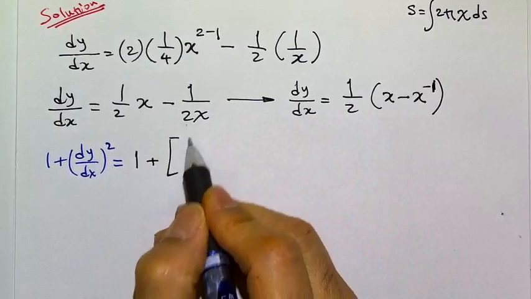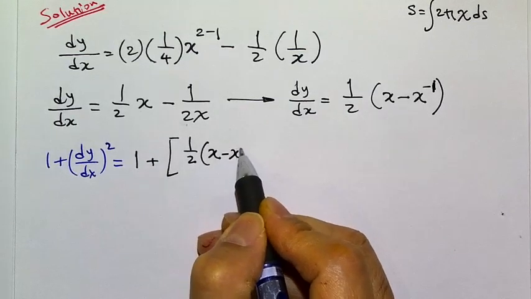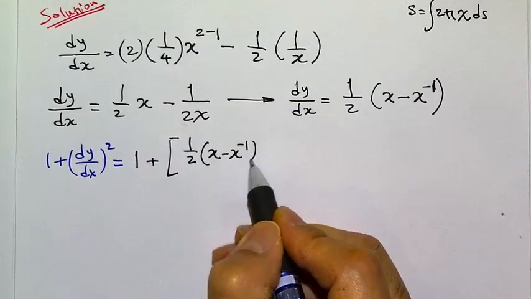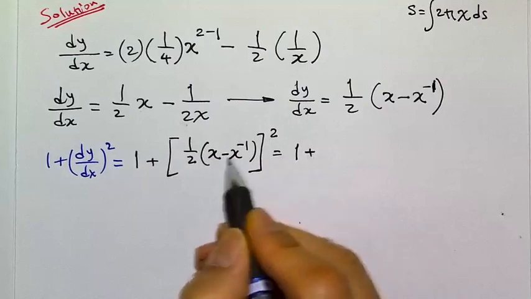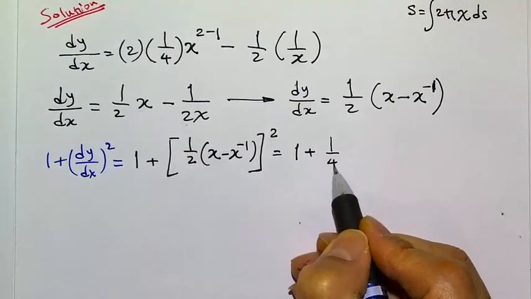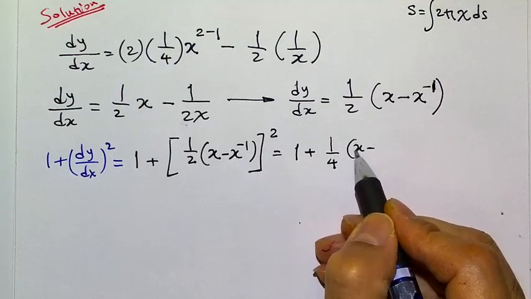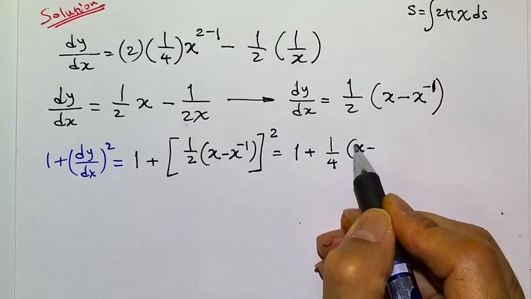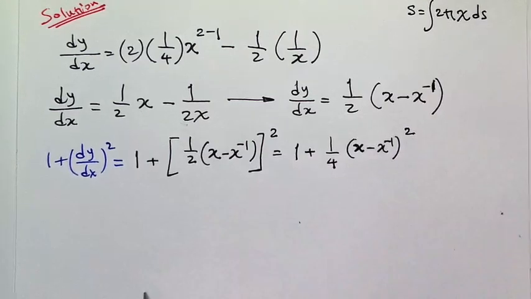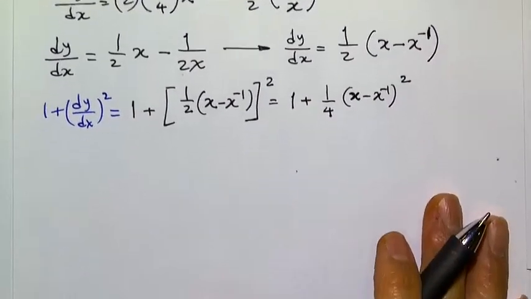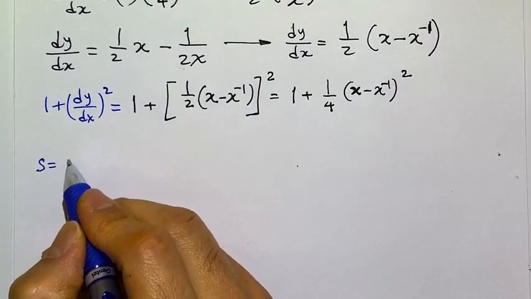So we have 1/2 times that, which gives us 1 plus, distributing the power, 1/4 times (x minus x to the minus 1 power) squared.